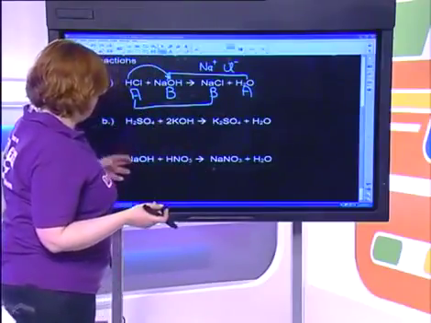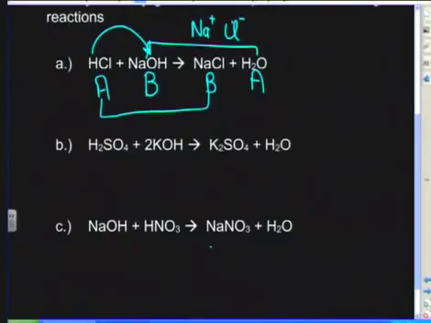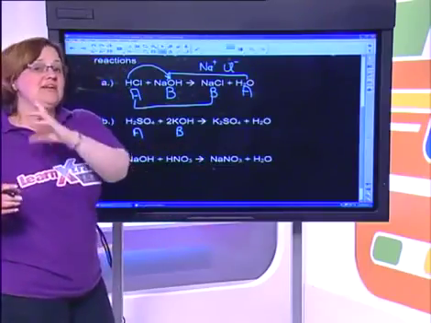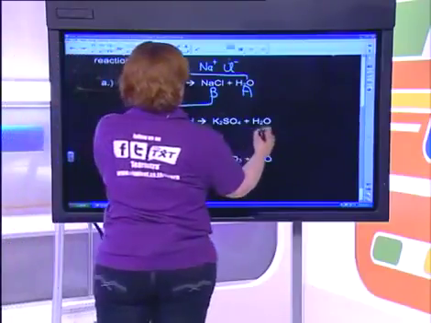Let's look at H2SO4 and KOH. Well, the H2SO4 will give its hydrogen to the potassium hydroxide. So sulfuric acid is the acid, potassium hydroxide is the base. And we go, well, all right, we've just done this, that we know that potassium hydroxide's conjugate acid is water.